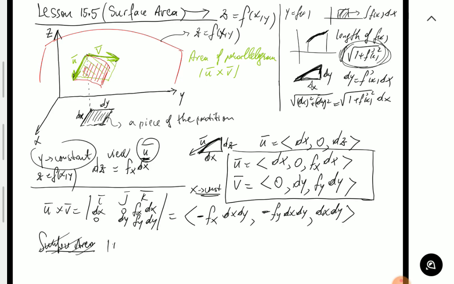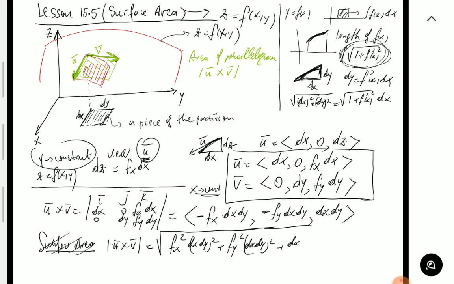The magnitude of u cross v is going to be the square root of fx squared dx dy squared, plus fy squared dx dy squared, plus dx dy squared. If you take this dx dy out of the radical, that's just the square root of 1 plus fx squared plus fy squared, dx dy.